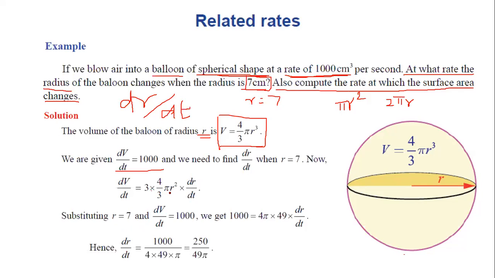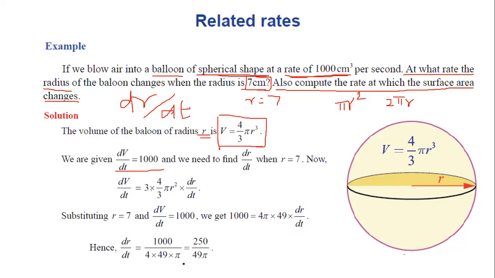Substituting r equal to 7 and dV by dt equal to 1000, the left hand side is 1000, which is equal to 4 pi into 49 dr by dt. So we will get dr by dt equal to 1000 by 4 into 49 pi.